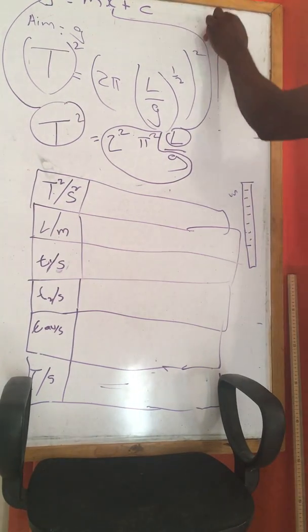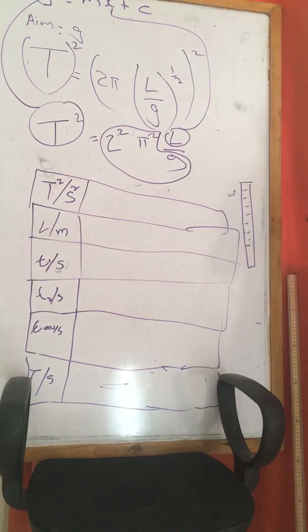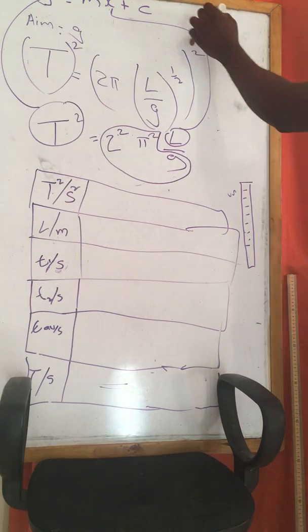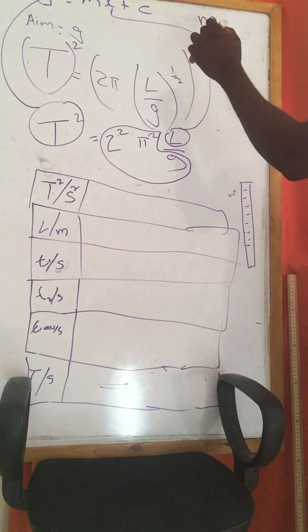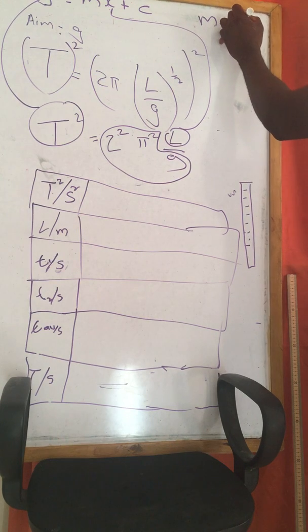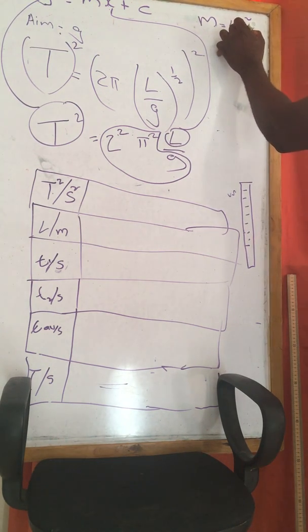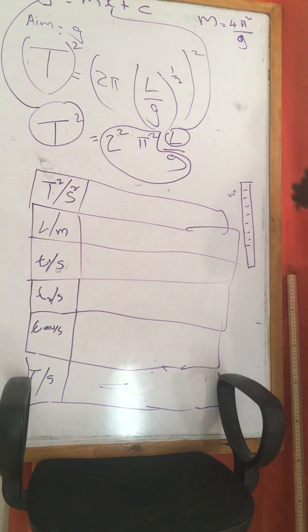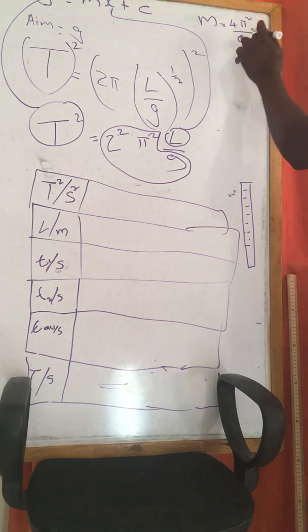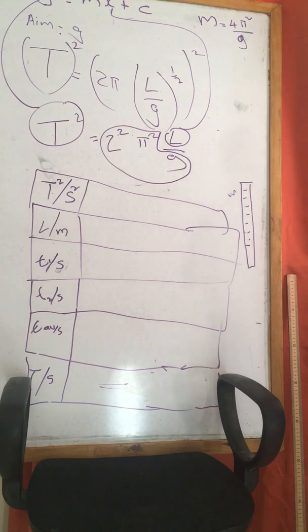But the aim of the game is to find G. So we say that M is equal to 4 pi squared over G. When we plot the graph, we must be able to get M, because M is equal to the gradient of the graph.